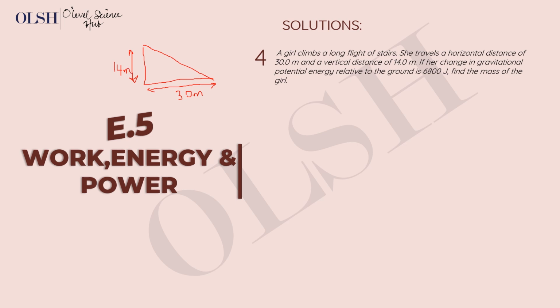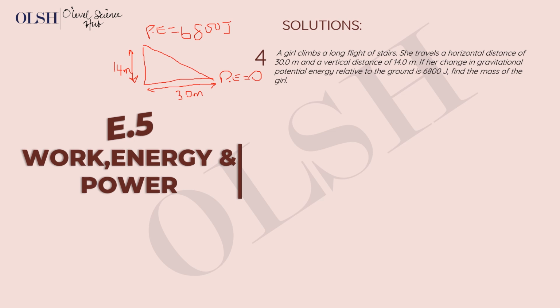So at this ground point, PE for the lady is equal to 0, while at the top here, PE for her is 6,800 joules. I'm doing this so you can understand the question properly. We're asked to find her mass.